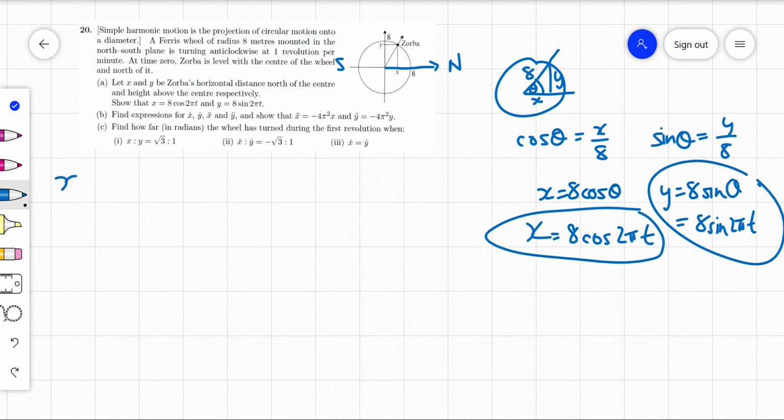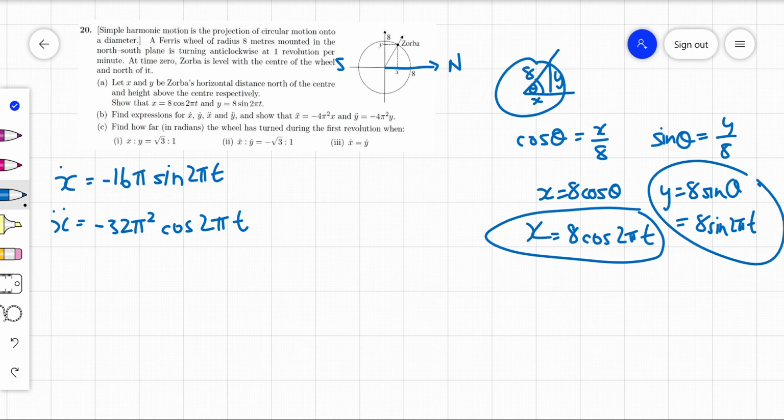So x dot, if I differentiate with respect to t, is minus 16 pi sine 2 pi t. X double dot, if I differentiate that with respect to t, I get minus 32 pi squared cos 2 pi t, because sine goes to cos.